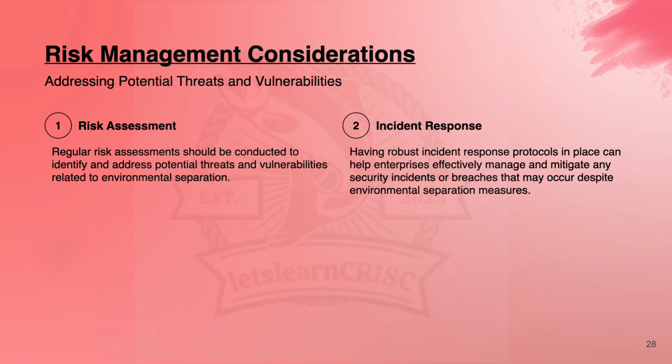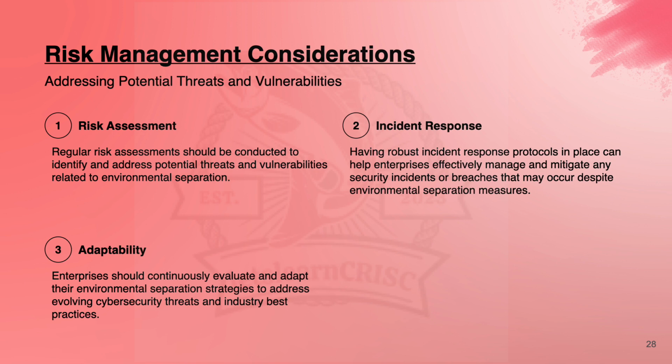Next is adaptability. Friends, continuous evaluation and adaptation of environmental separation strategies are crucial to address evolving cybersecurity threats and industry best practices. It ensures that security measures stay effective. Just take an example: think of updating software on your phone. Regular updates improve security by addressing new threats.